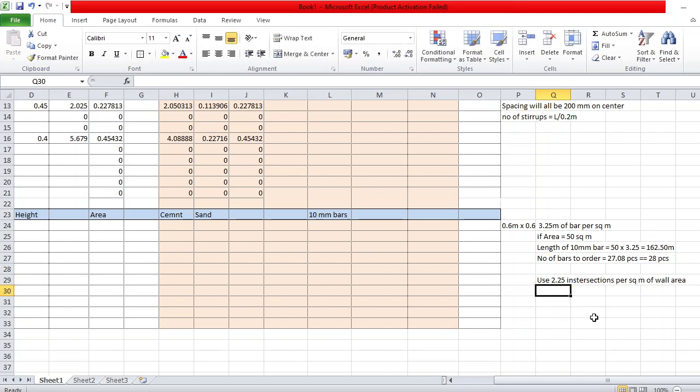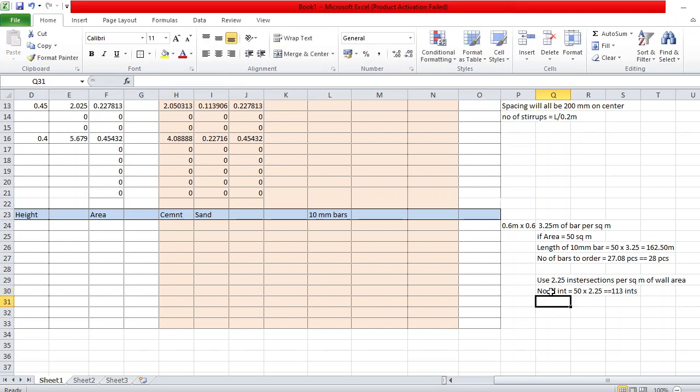Lumalabas kung 50 square meters ka, number of intersections will be equal to 50 multiplied by 2.25, that will give us a total of 112 or 113, 112.5 intersections.